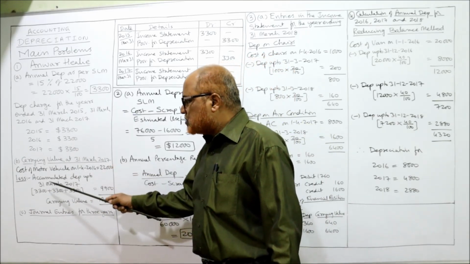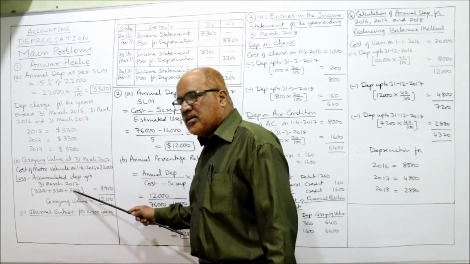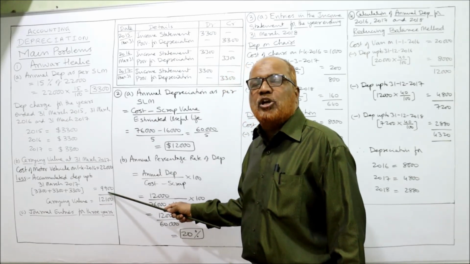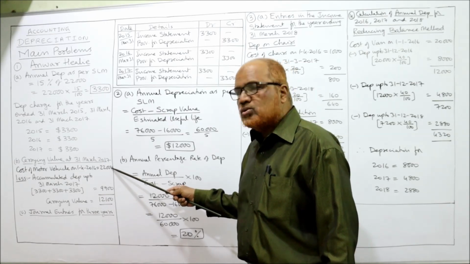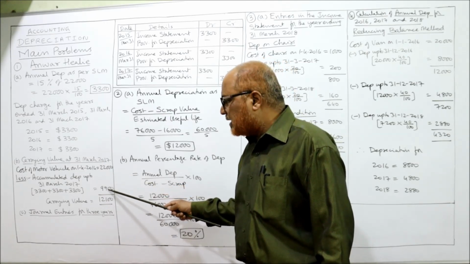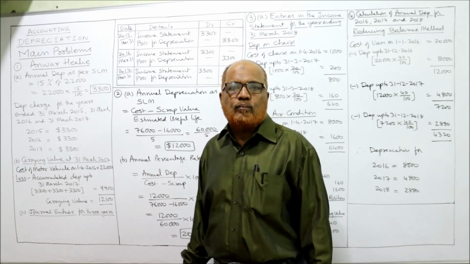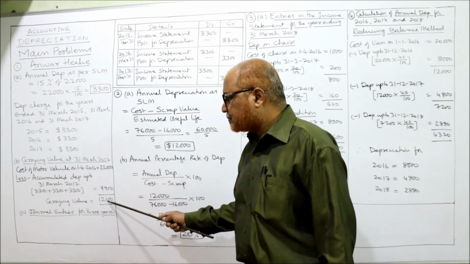So first year 3,300, second year 3,300, third year 3,300. So total 9,900 is the total accumulated depreciation. What is the cost of the vehicle? 22,000. So 22,000 minus 9,900, 12,100 is called the carrying value on 31st March 2017.